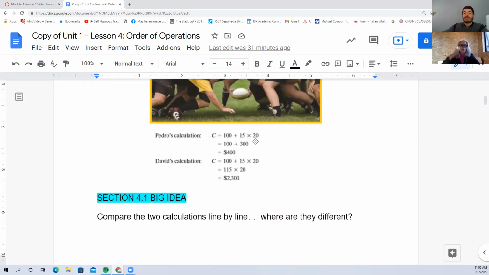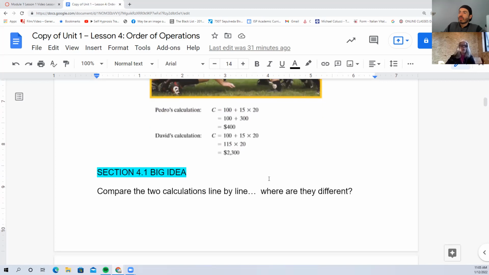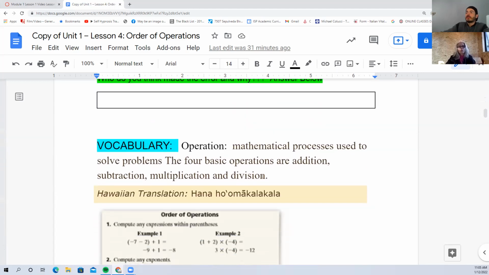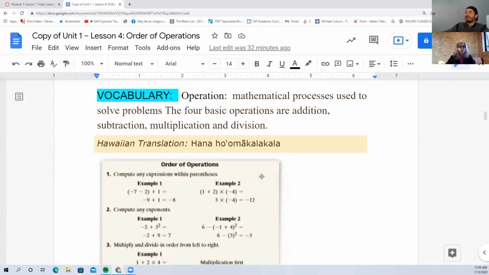So that's what happened between that first equation, and then these examples here are with a specific number 20 put in place of that variable n. We're going to do a deeper dive into that later, when we get to evaluating expressions.